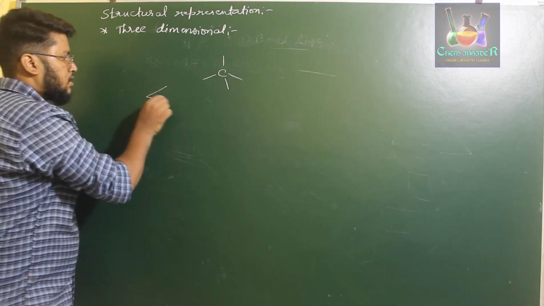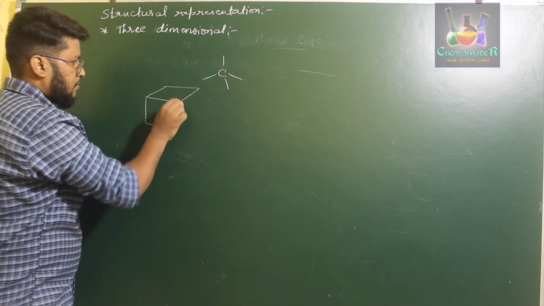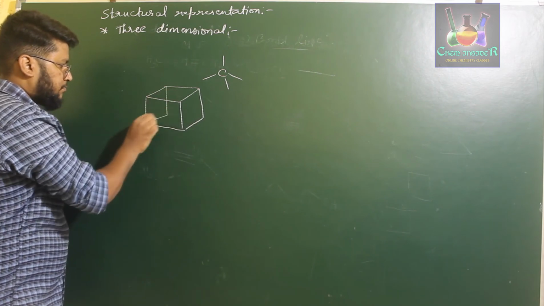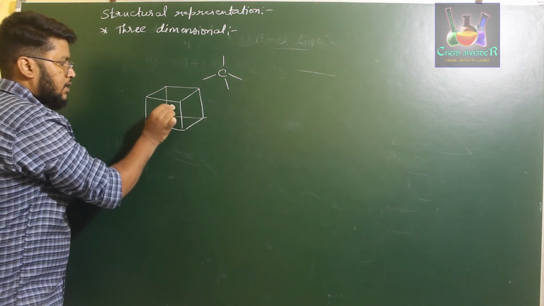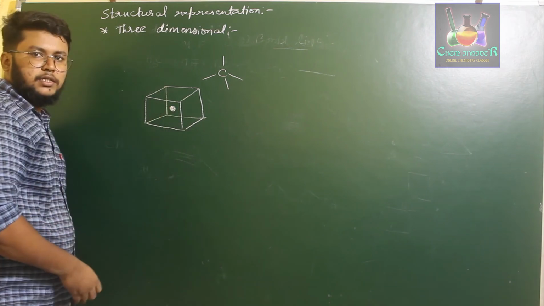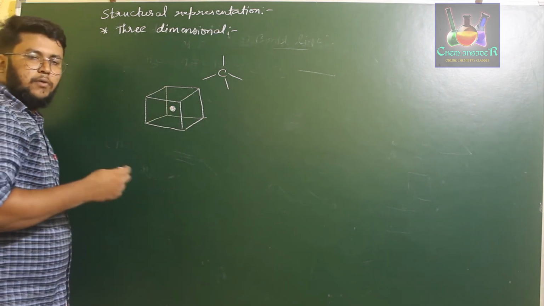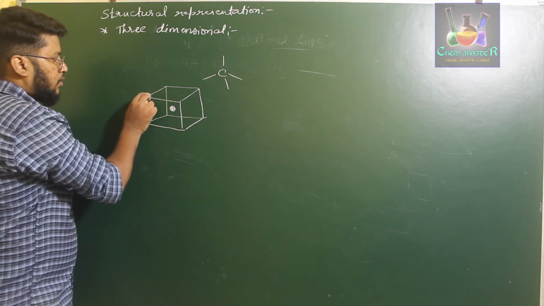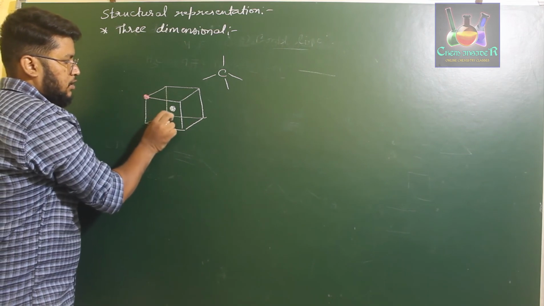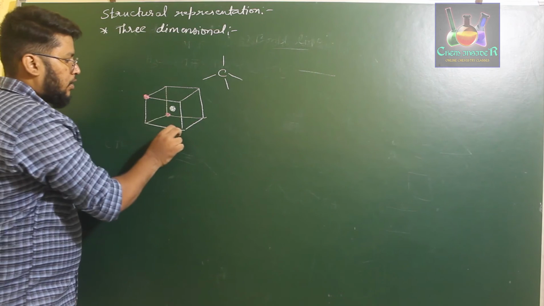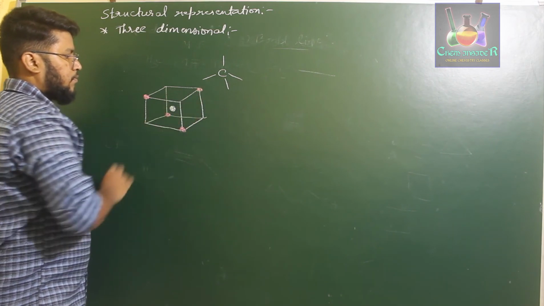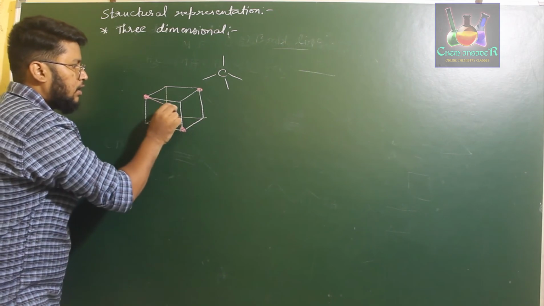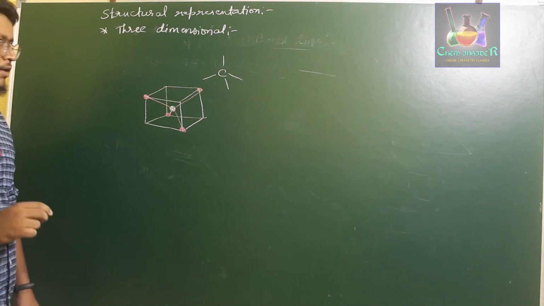So if you consider this as a cube, with the carbon atom at the center, then the diagonals will be present at the opposite ends. If two atoms are present in this position, then two more atoms will be present in this position. Opposite of the two face diagonal, bond 1, 2, 3 and 4. This is how the tetrahedral geometry forms.